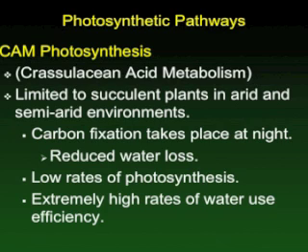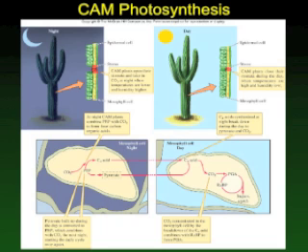And so then the next sequence where this C4 acid is converted into PGA and is used in order to produce the sugars, then that process occurs during the day, where this light reaction can be driven by the sunlight that's available.